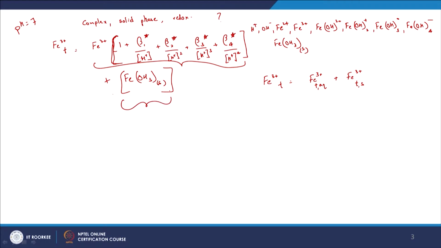Here, unlike the previous case with complex formation only, where by knowing the pH to be 7 we could have solved for the free metal Fe3+ concentration, we can't do that because we have this second unknown, which is the concentration of the solid, or the amount of solid that has precipitated out from the solution per unit volume of the solution.